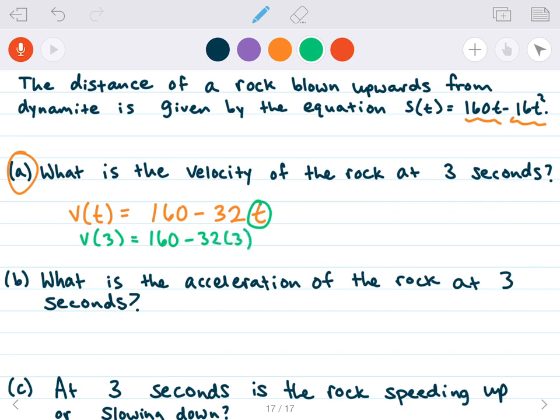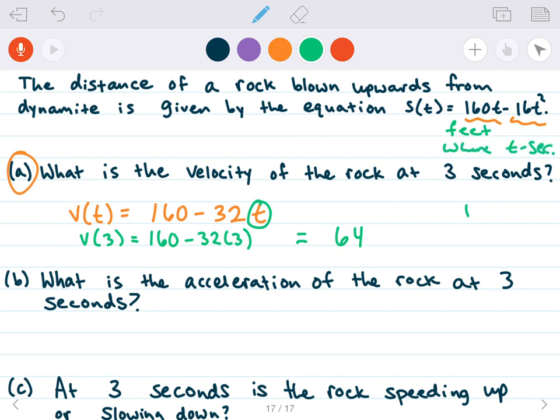Let's pull out the handy-dandy calculator and see what's happening. 32 times 3, so 160 minus 96, and we got 64. Now, I don't have units here, but man, I wish I put units. How about we do this in feet, where t is in seconds.